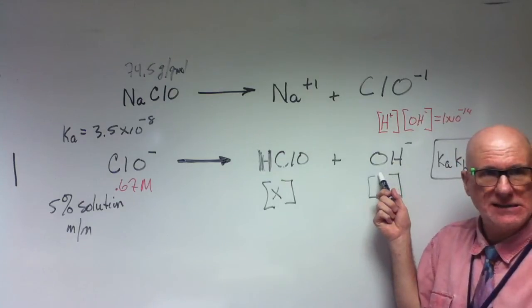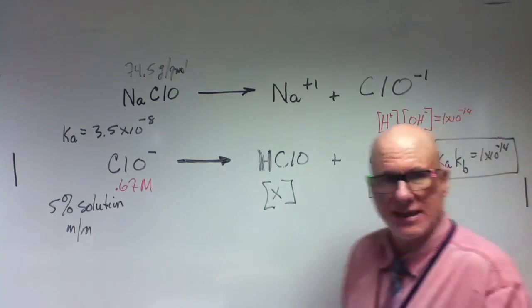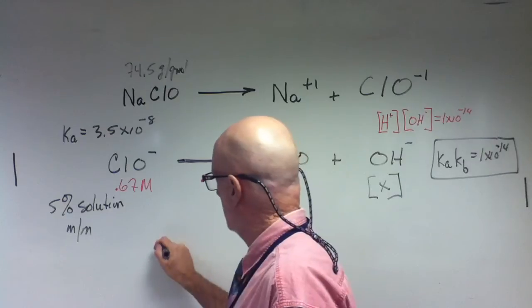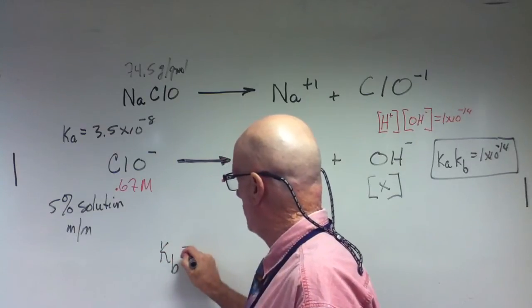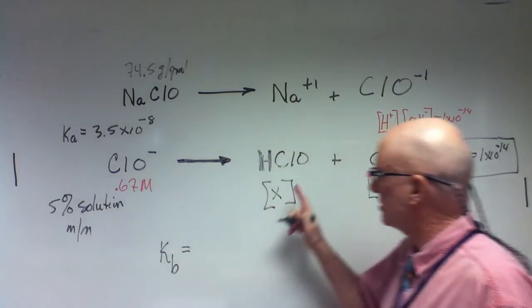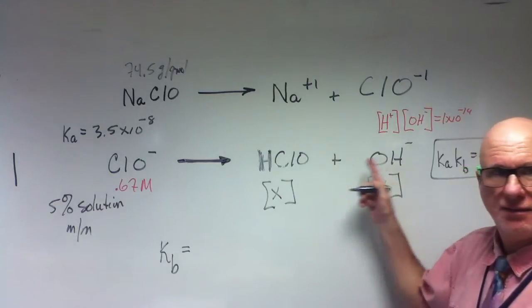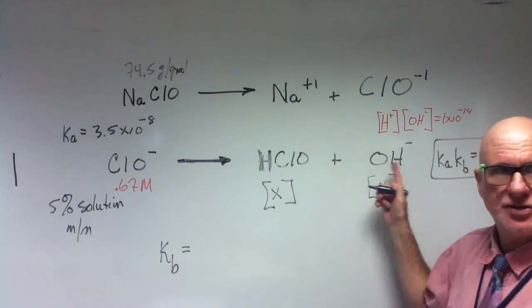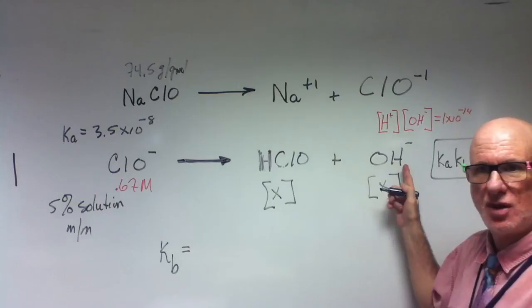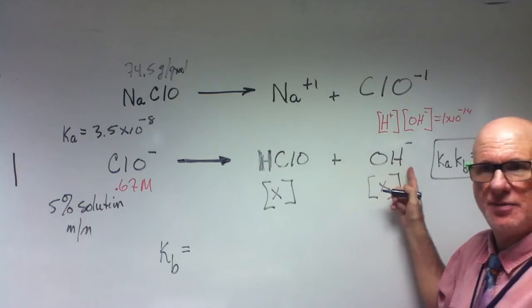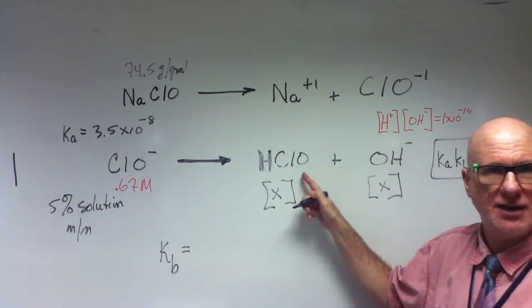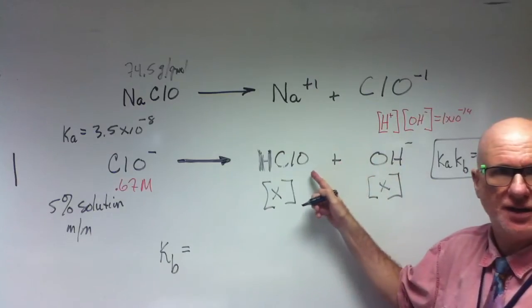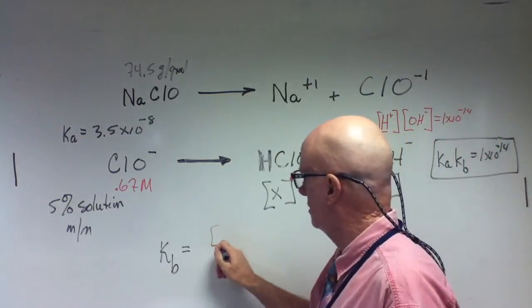There's going to be a base. It's going to be a KB. What's the KB expression, therefore? The KB expression is going to be, remember, it's the product of the concentration of the products.